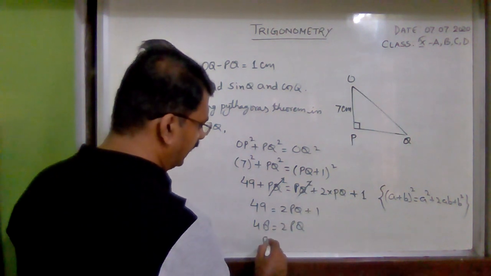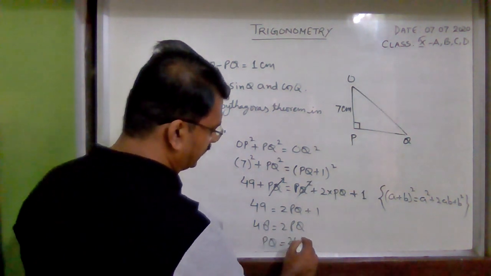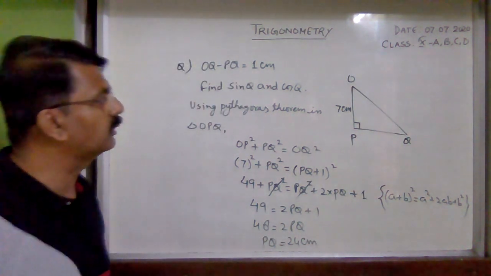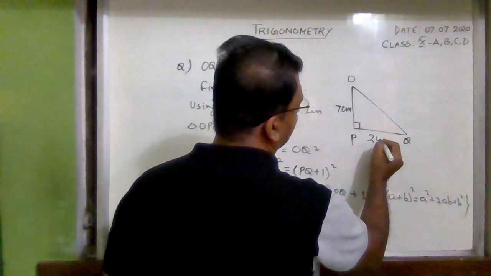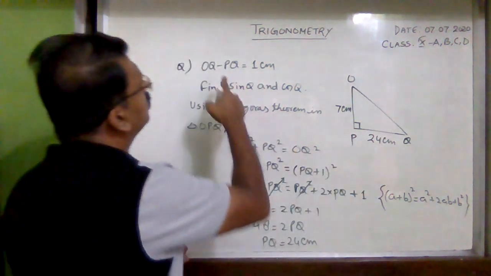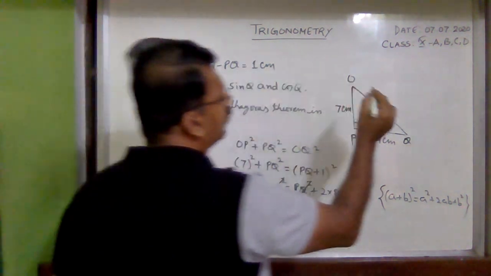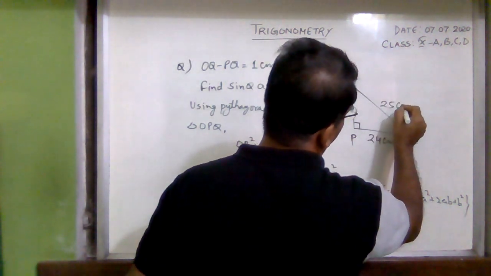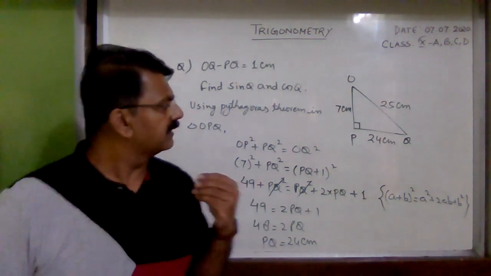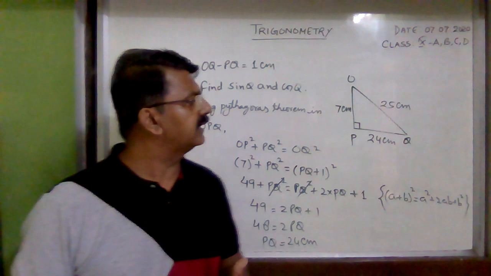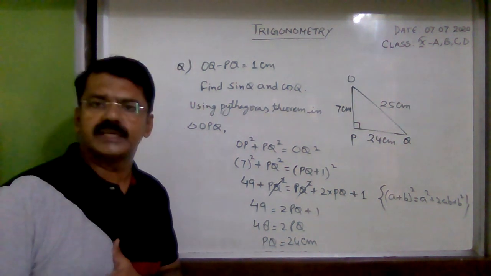So we have found that PQ = 24 centimeter, because 48 upon 2 is 24. And if PQ is 24, then 24 plus 1, OQ will be 25 centimeter. So you can see, using Pythagoras we have found that PQ is 24 centimeter and OQ is 25 centimeter.